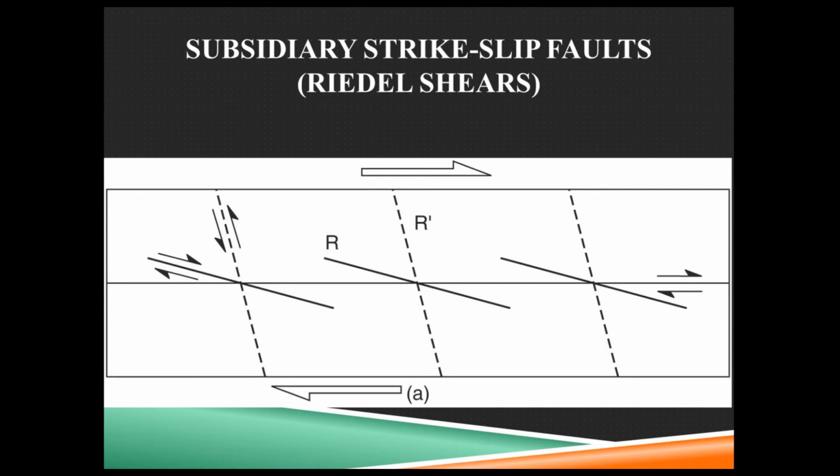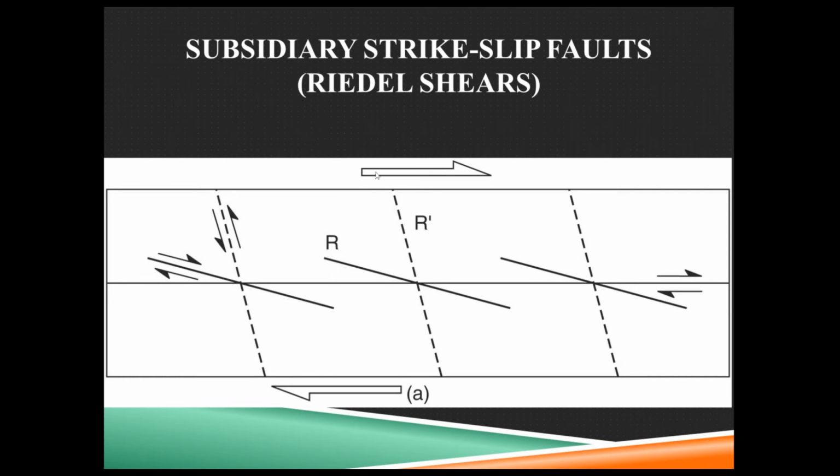In that zone of deformation, you can get other small transform faults that are occurring to help handle that displacement. Some of them are close to parallel to the primary motion.